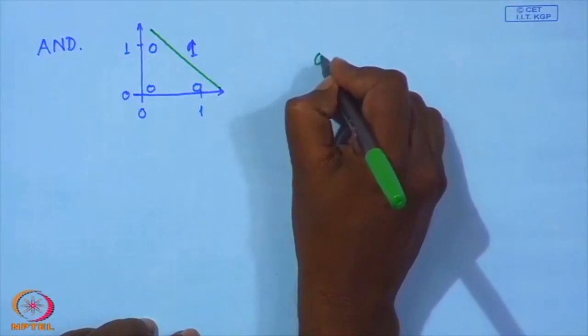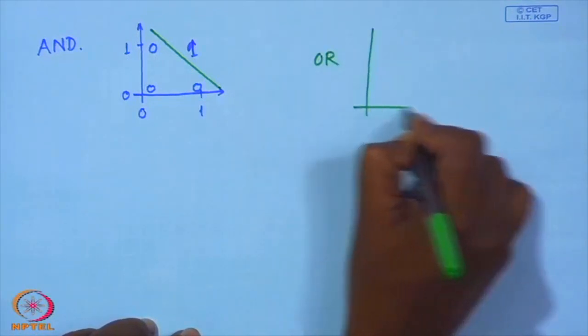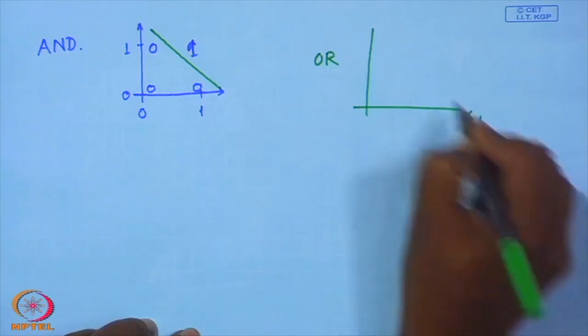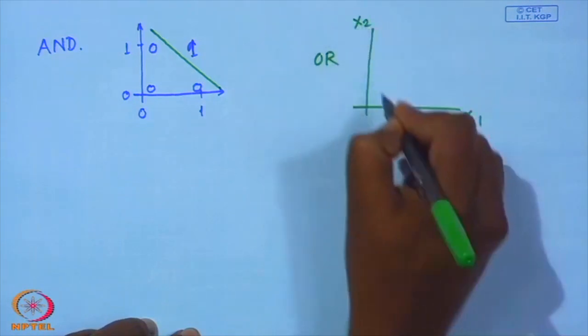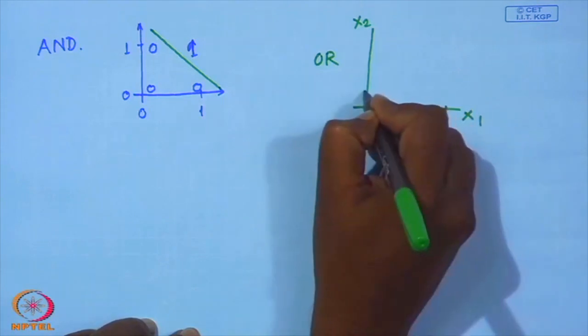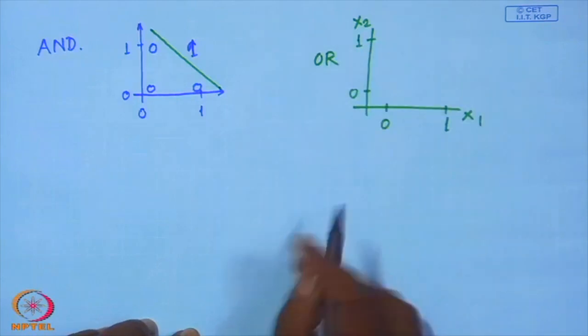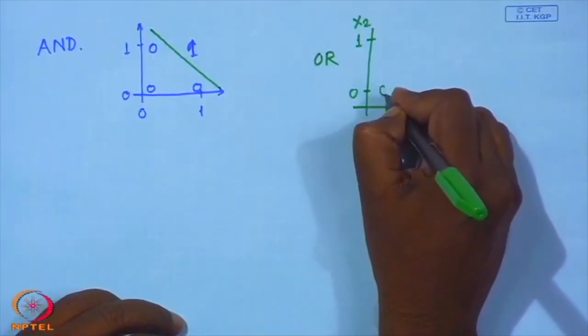Similarly, if I take an OR function, here again I put it as x 1, x 2, somewhere here let us put 0, 1, 0, 1. So, only in case of 0, 0, when both x 1 and x 2 components are 0, the output is 0.